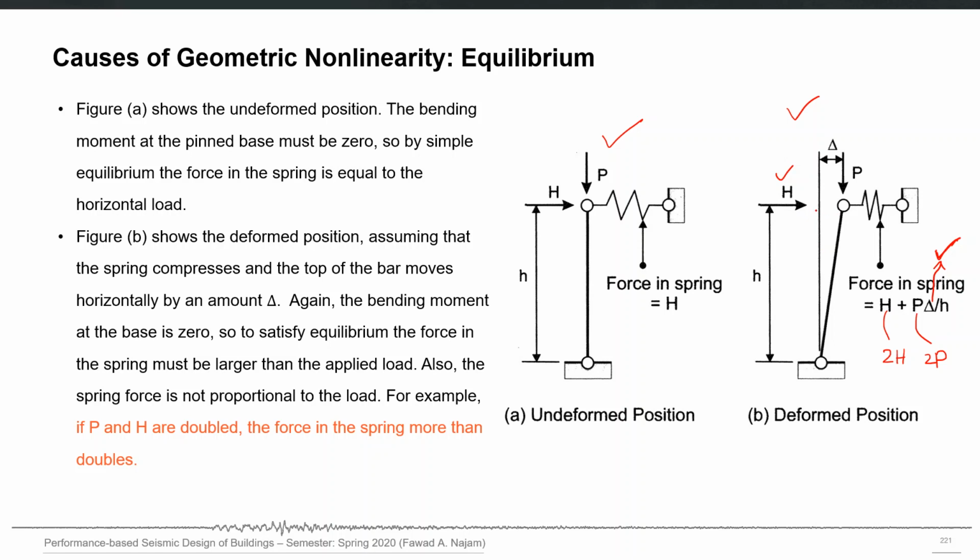It is not that the material yields or there is some cracking or crushing in the material. That is a material nonlinearity. This is another kind of nonlinearity which comes from considering the equilibrium in the deformed position. This is called geometric nonlinearity.